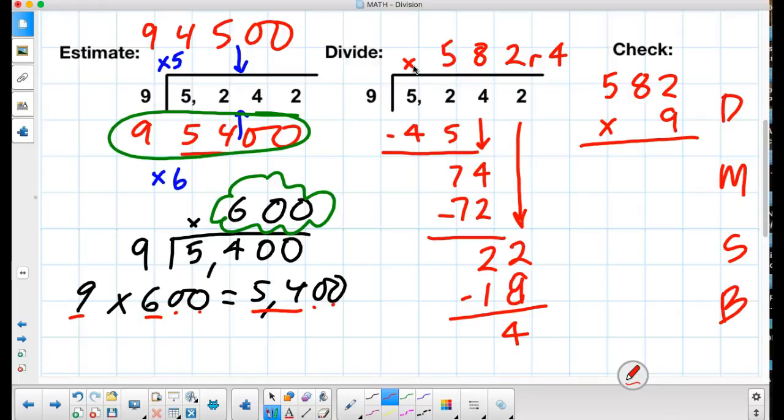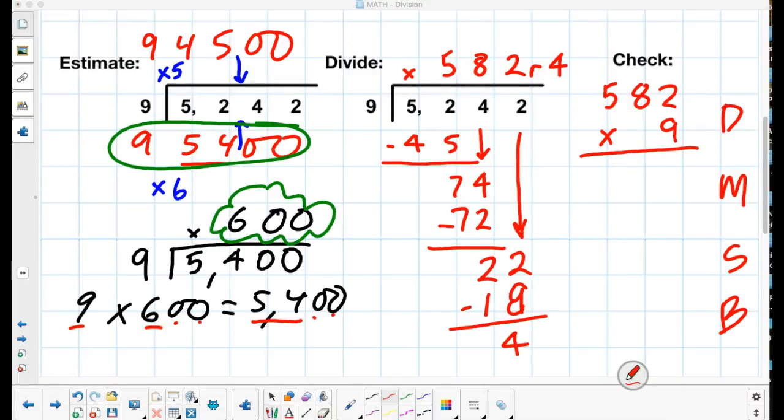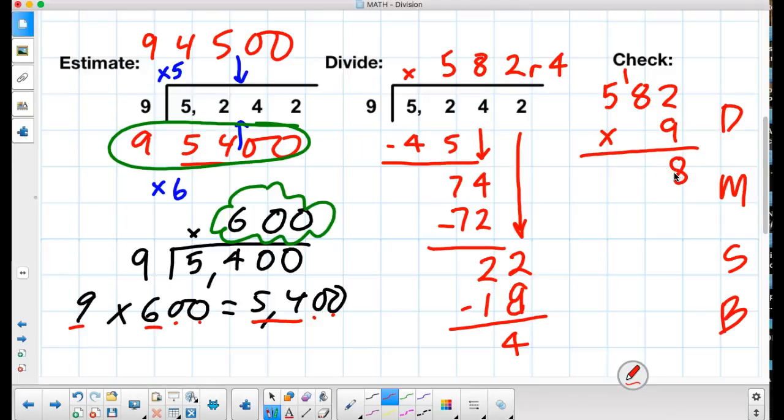This should take you 60 seconds. 9 times 2. 9 times 8 plus 1. 9 times 5 plus 7. Next step and last step. See? 4.